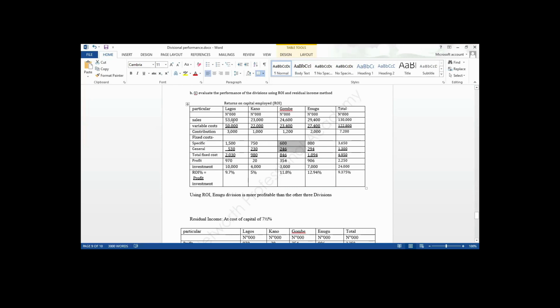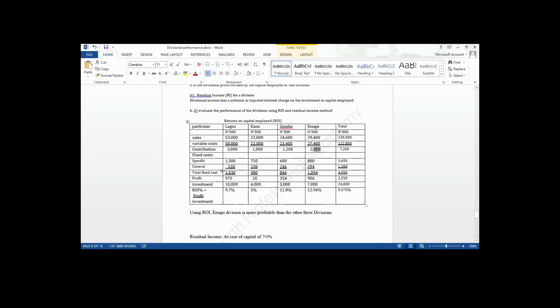Then you can get your profit: contribution minus total fees cost. You have your profits.